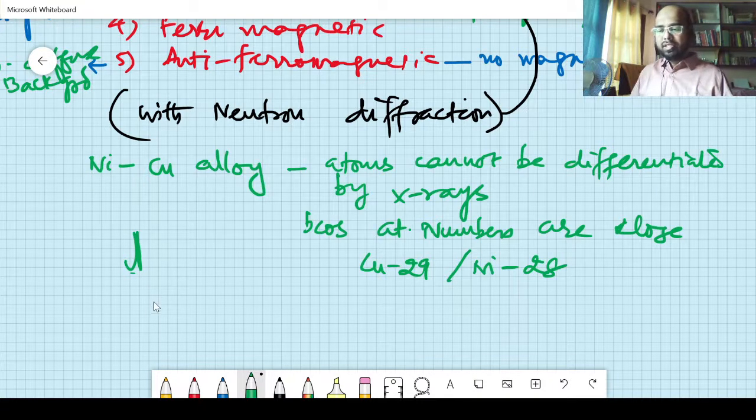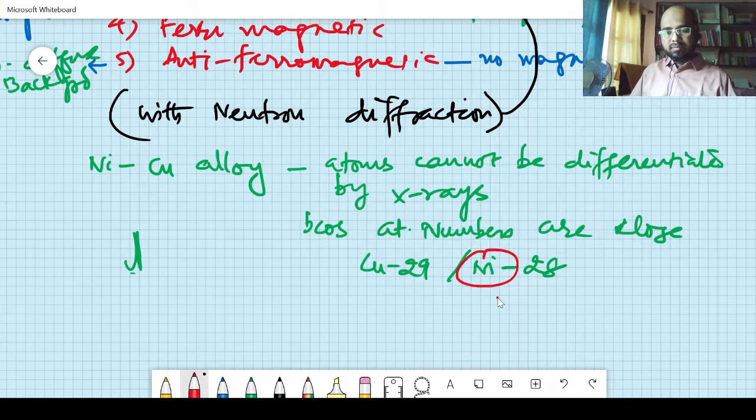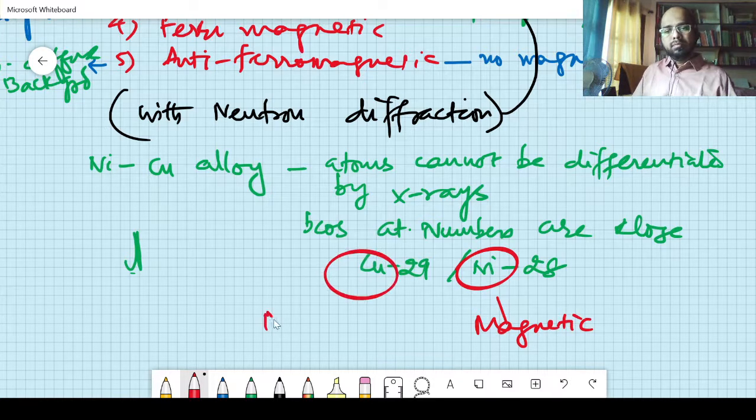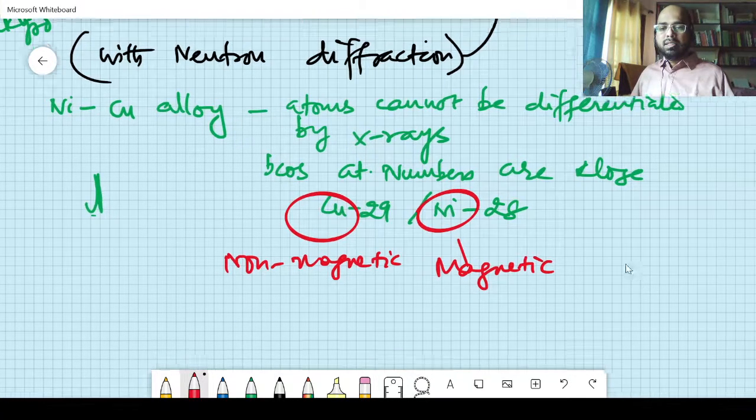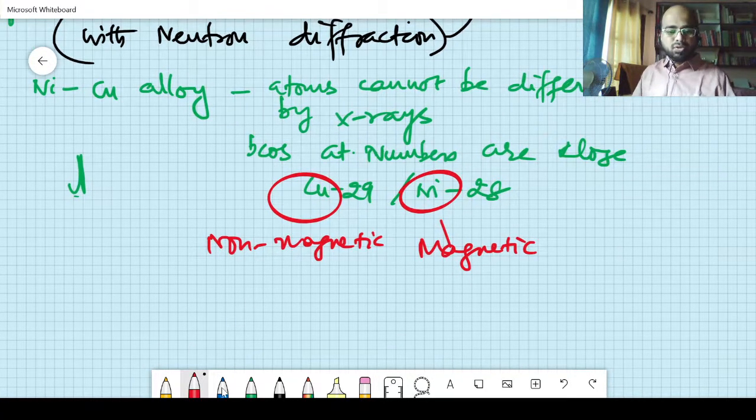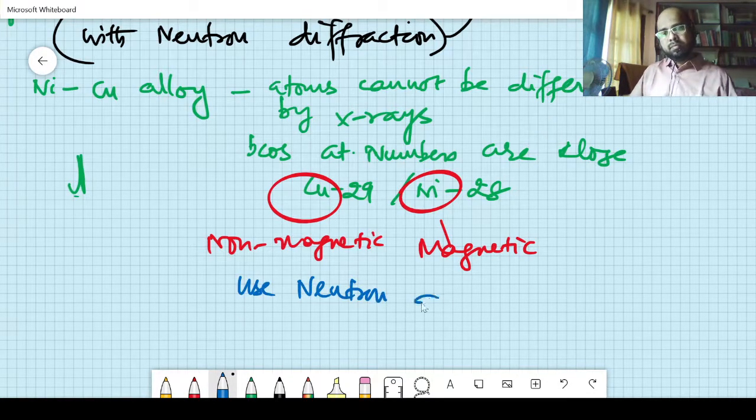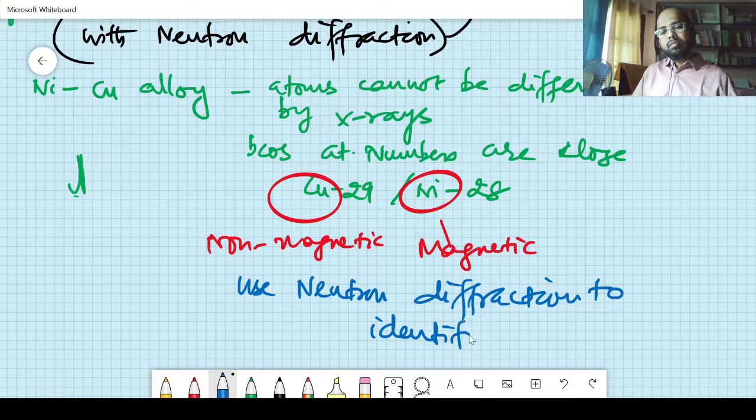But in neutron diffraction, with the magnetic nickel, you can use diffraction to identify them.